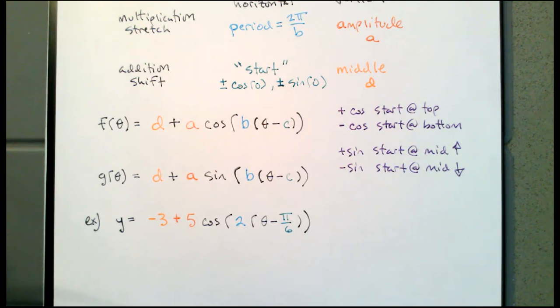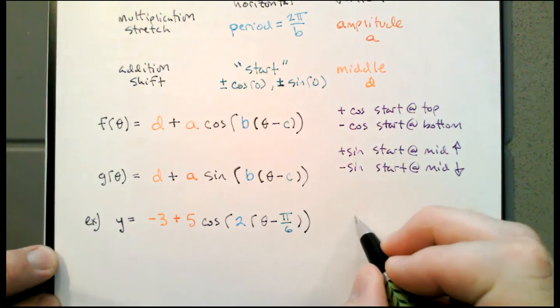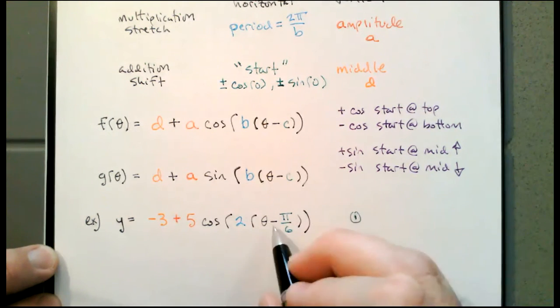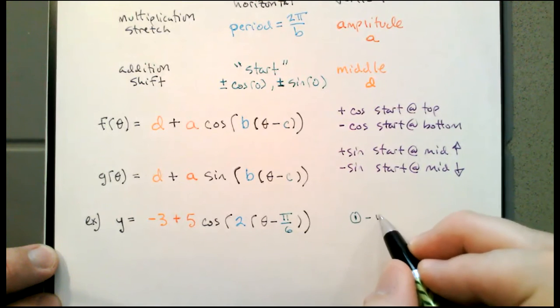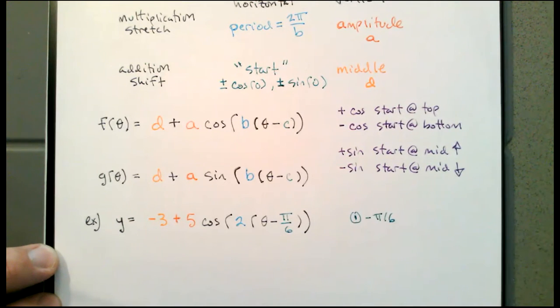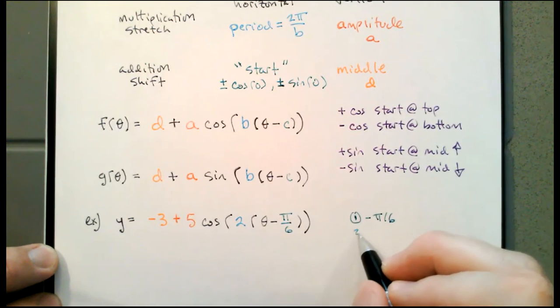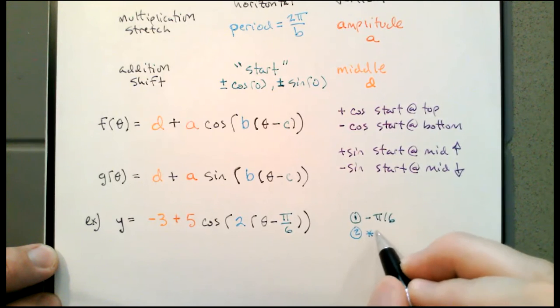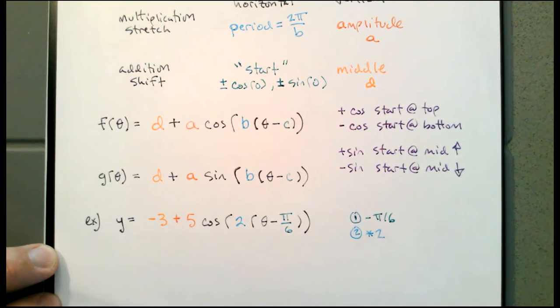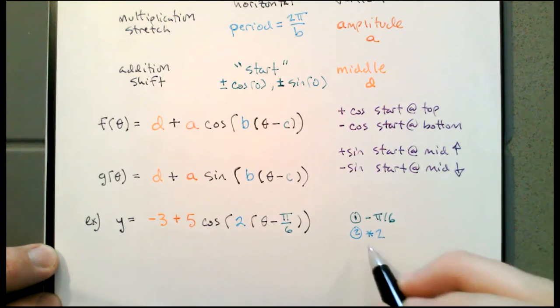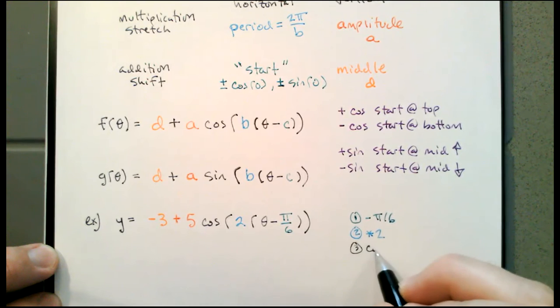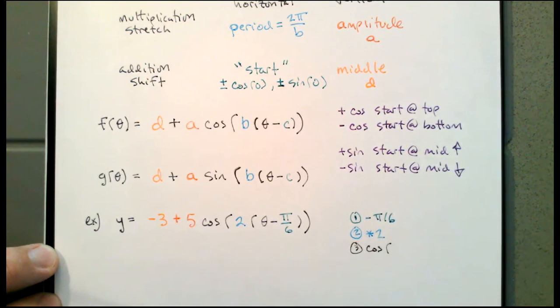Look at the order of operations of things that happen to theta. The first thing that happens is we subtract pi over 6. The second thing that happens is we multiply by 2. The third thing that happens is we do the cosine. The fourth thing that happens would be to multiply by 5.